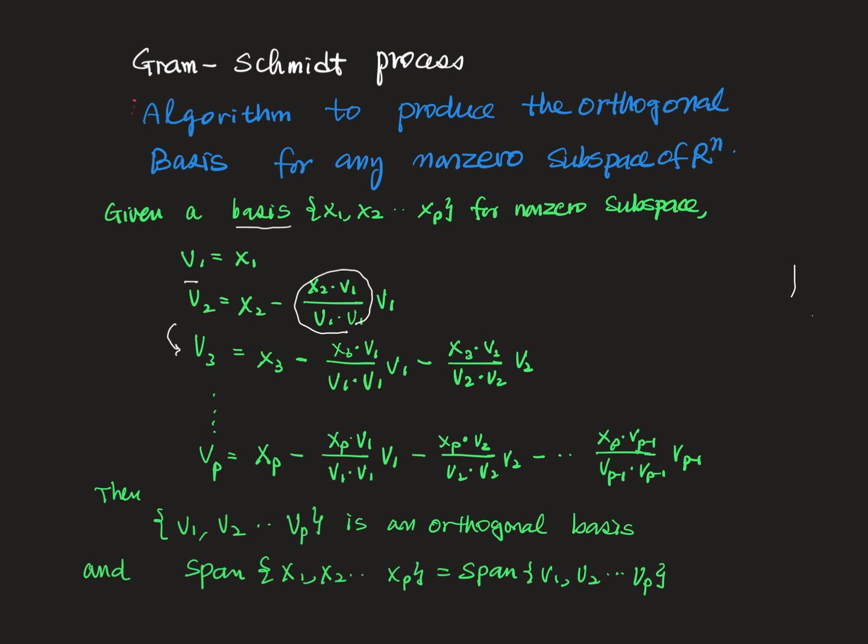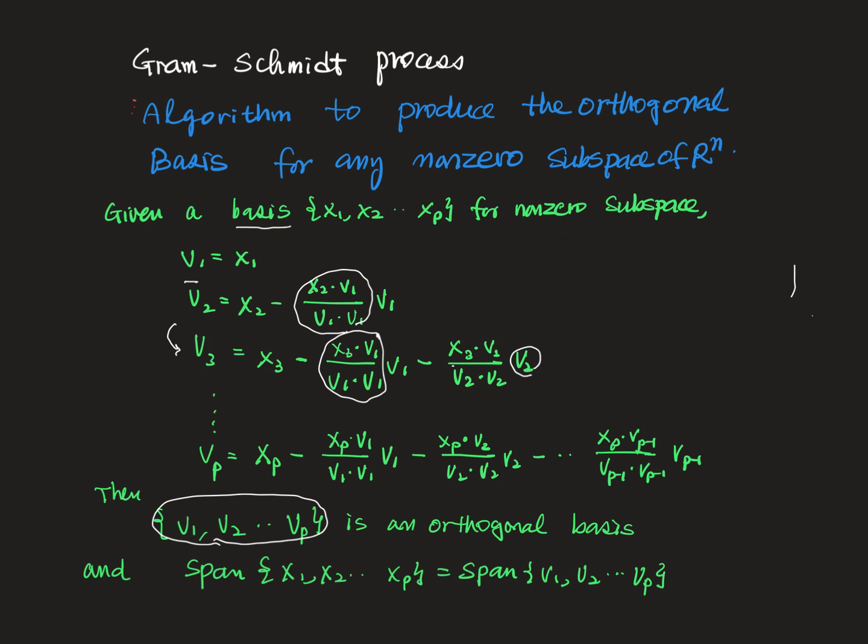Then v3 is x3 minus (x3 inner product v1 over v1 inner product v1) times v1, that's the component for v1. The component for v2 is x3 with v2 over v2 inner product v2, and so on. So you create v1 through vp, and this is an orthogonal basis for the subspace.